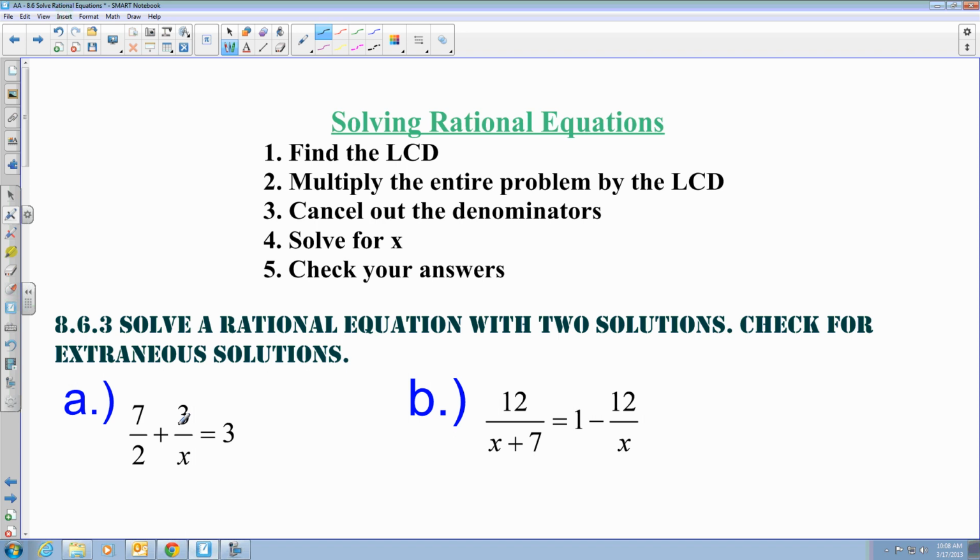Last thing they want us to do is be able to solve rational equations. So this means that we're going to use the steps that we did for adding and subtracting rational expressions, and then at some point we'll be able to use cross multiplication in order to find our answers.